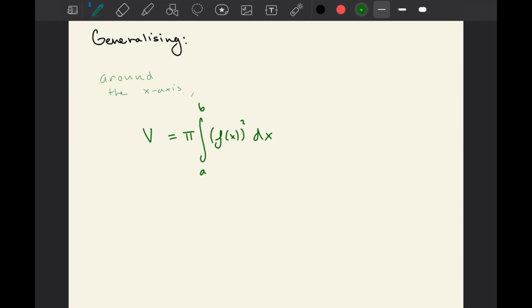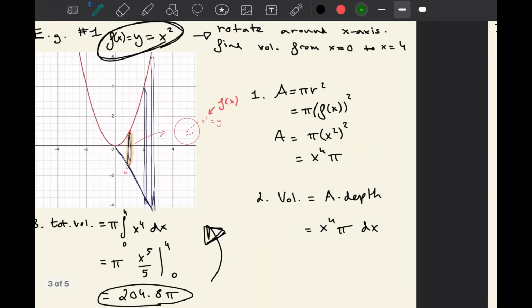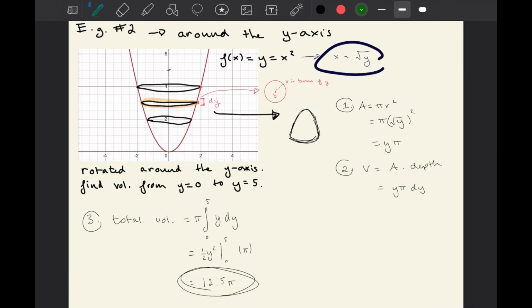And then if we do it around the y-axis, it's pretty much going to be the same thing. Volume is going to equal the definite integral from a to b, but in this case, our function is not going to be in terms of x, our function is going to be in terms of y, because our depth is dy, so we have to do all of the other calculations in terms of y as well.